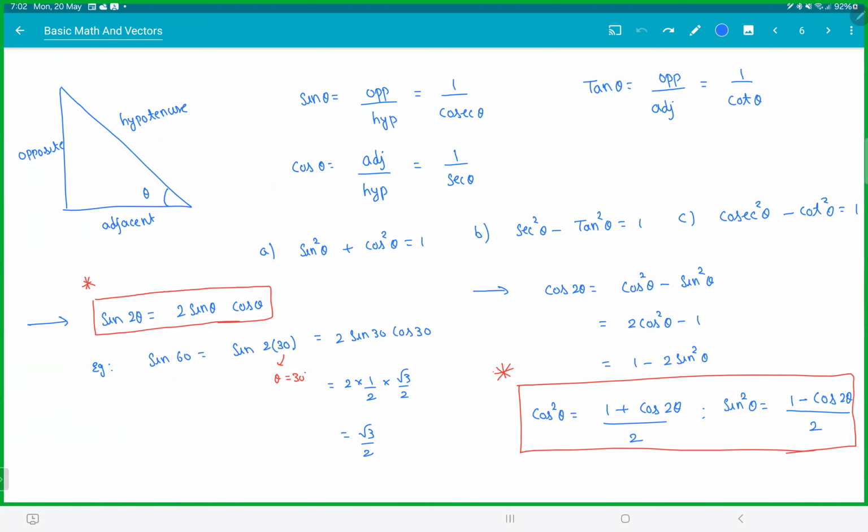You will see them at least 10 or 12 times in physics. Sin 2 theta is 2 sin theta cos theta, and cos square theta is 1 plus cos 2 theta by 2, and 1 minus cos 2 theta by 2 is sin square theta. Clear?